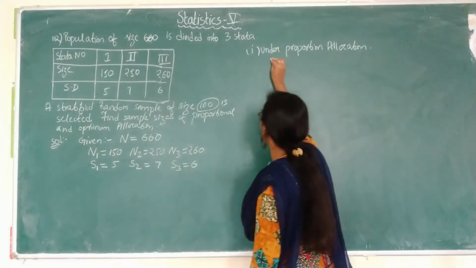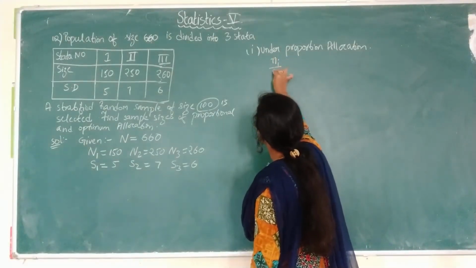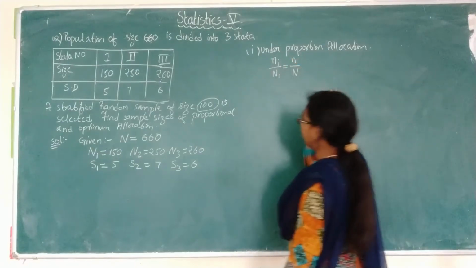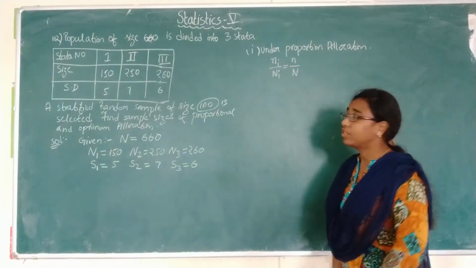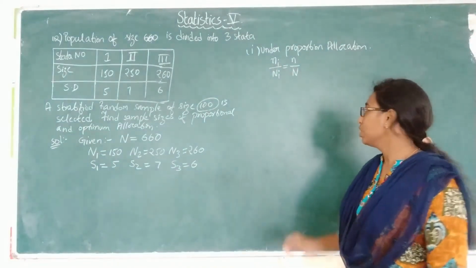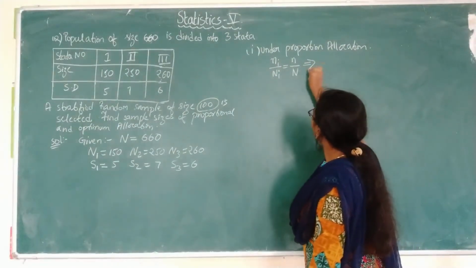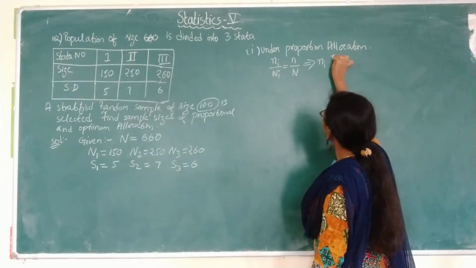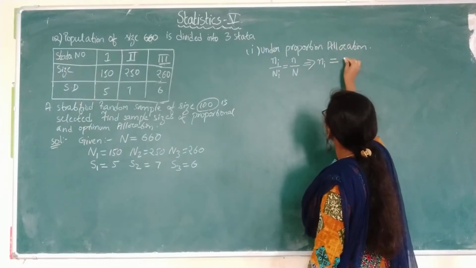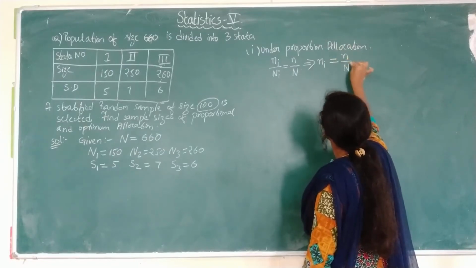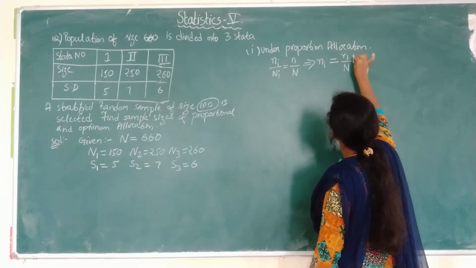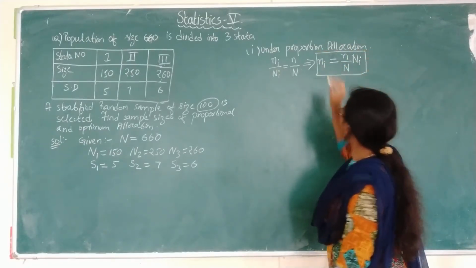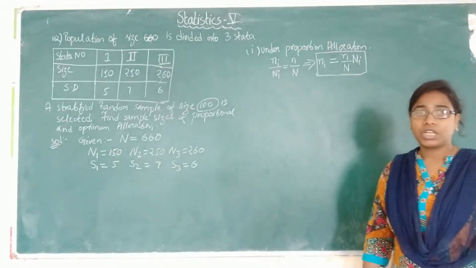So under proportional allocation we have ni by Ni equals n by N. This is the condition for the proportional allocation. From this condition, we can write ni equals n by N into Ni. This is the ni value we are going to consider for the proportional allocation.